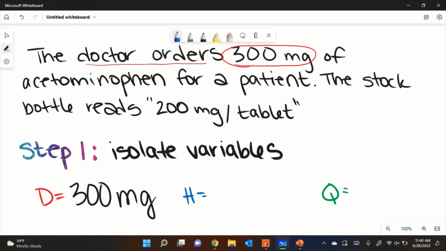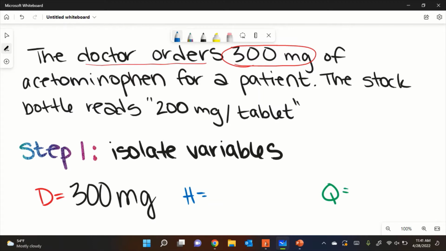Now we're moving on to H. H, remember, is the mass or the weight per dose of the medication that you have on hand. We're going to go straight to the label of the bottle for this information. The stock bottle reads 200 milligrams per tablet. Remember that H is always in mass.